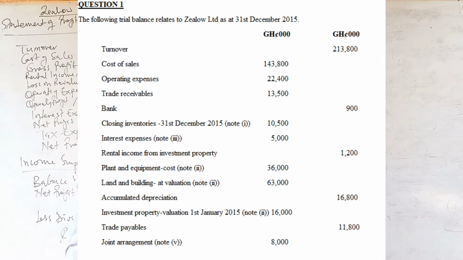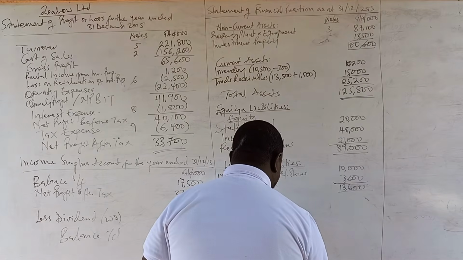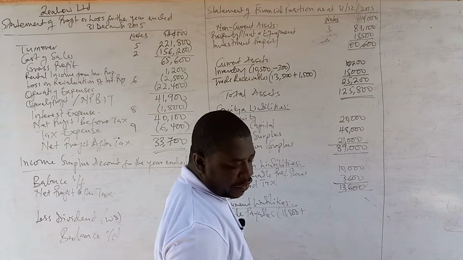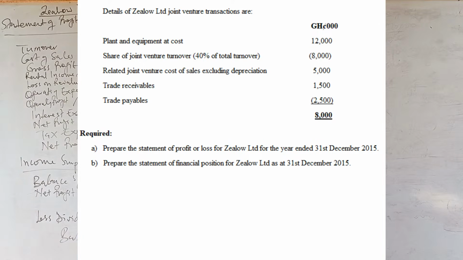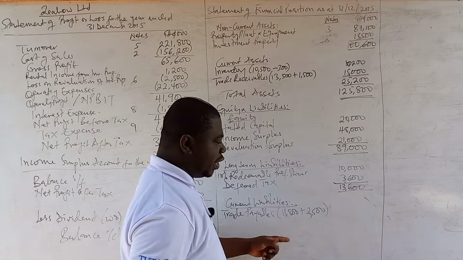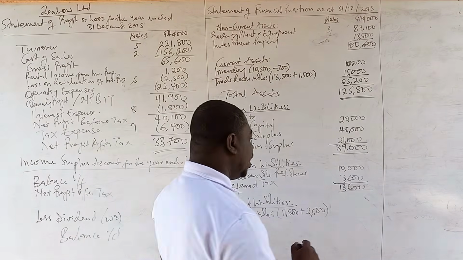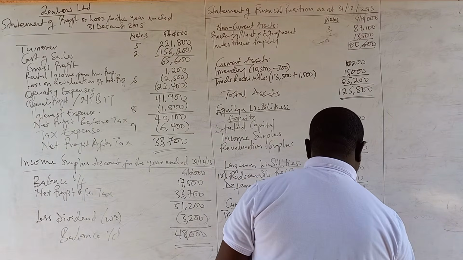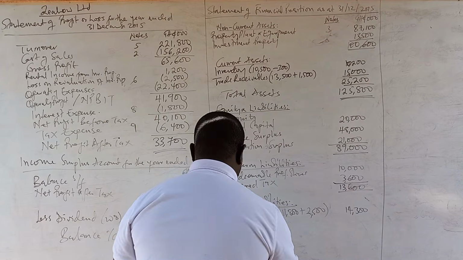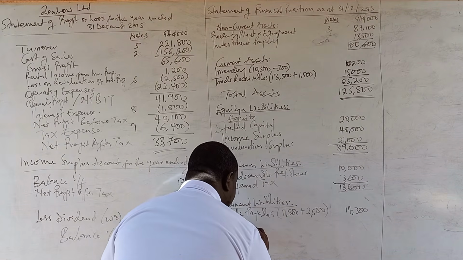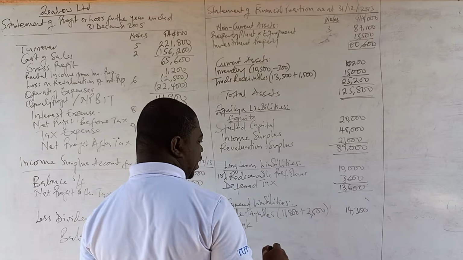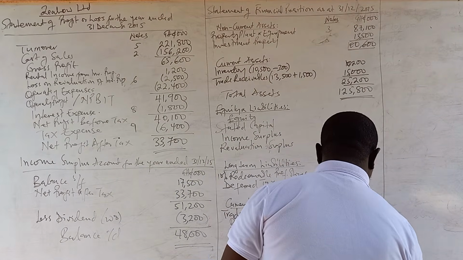So the trade payables in the trial balance is 11,800. And in the joint venture, the trade payables figure in the joint venture is 2,500. So 11,800 plus 2,500 gives us 14,300. And then there was a bank overdraft. So bank. The bank overdraft is 900 in the trial balance.